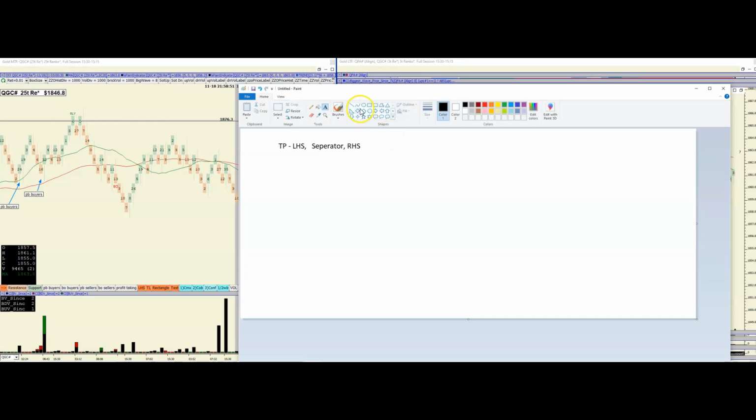By turning point, I mean something like this. You know, that piece right there. I'm breaking it up into a left-hand side, a separator, and a right-hand side. And I'm going to explain this. Why? Because what's going to happen after that is a trend is going to form.